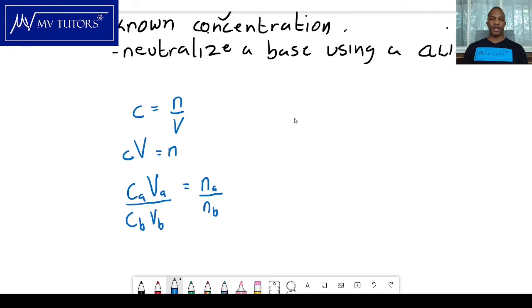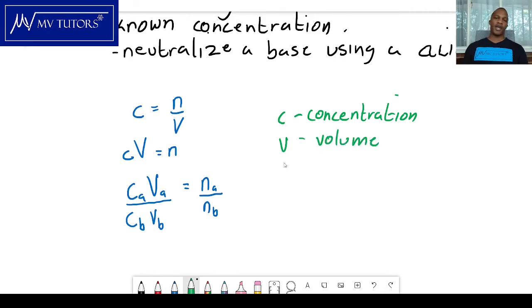Okay, so now this is where, just to define the terms, C stands for concentration, and then V is just the volume, and then N is just the number of moles.